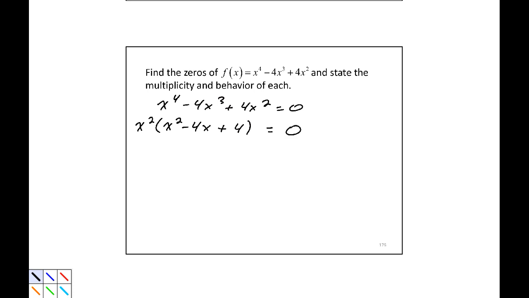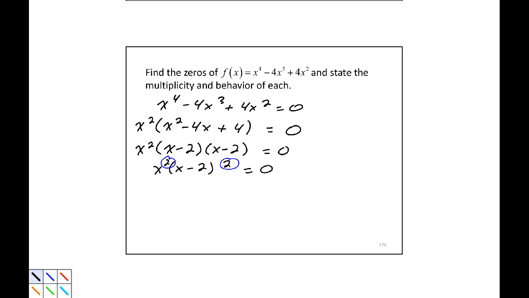And that will factor, so that we have x squared, and then x squared minus 4x plus 4 factors to be x minus 2 times x minus 2, which I'm going to write as x minus 2 squared, because now I can see the multiplicity here. Each of these has a multiplicity of 2.